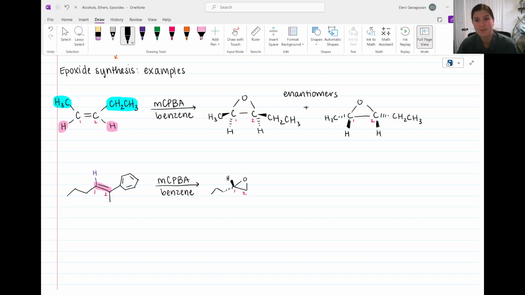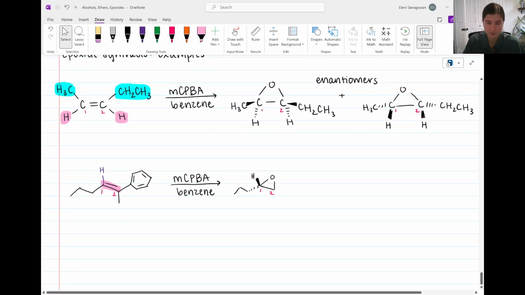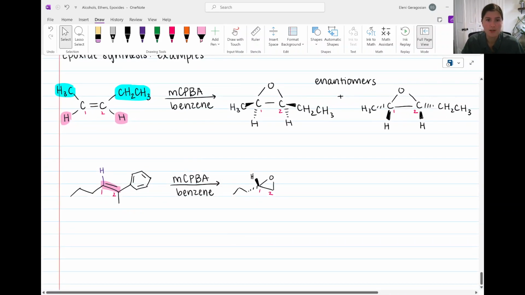You can switch them. You can probably guess we're going to have both products where the propyl group is on a wedge and hydrogen's on a dash, but we'll start here, hydrogen on a wedge, propyl group on a dash. Now on carbon 2, we have a phenyl ring and a methyl group. Again, we have a stereocenter.